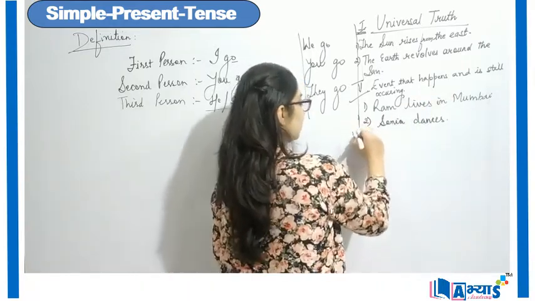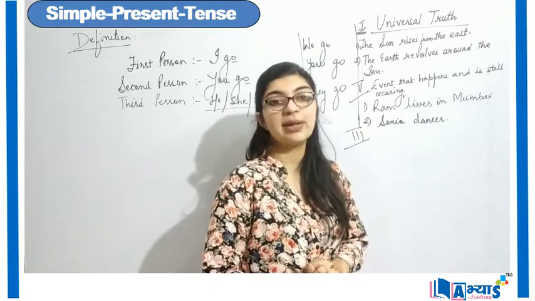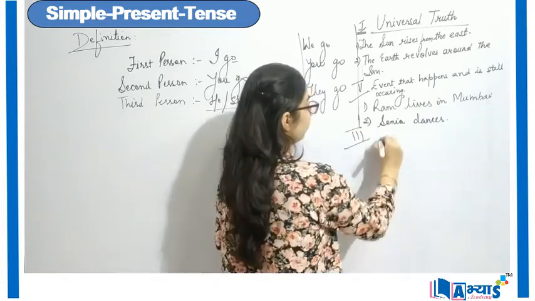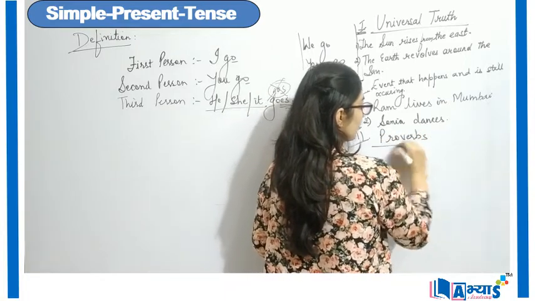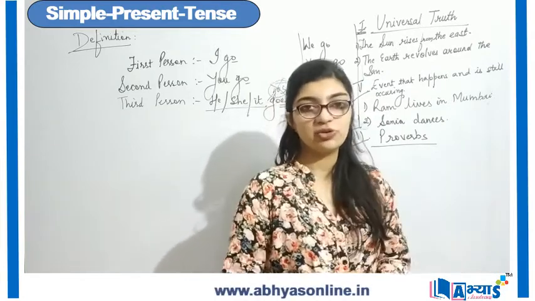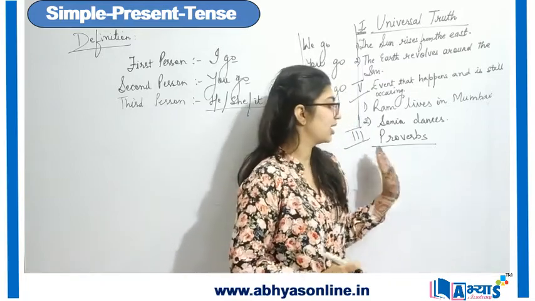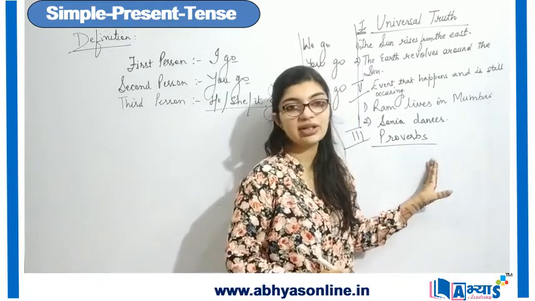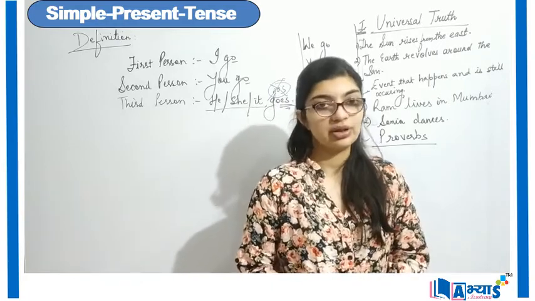Now the third way in which the present tense can be used is for proverbs. All the proverbs that we use can never be in past form. The proverbs that are mentioned in English are always in simple present form, right?